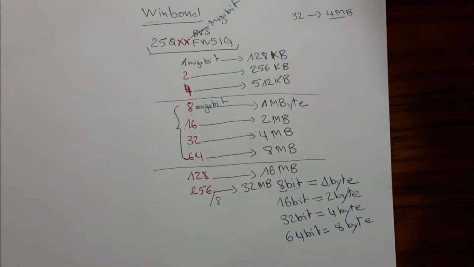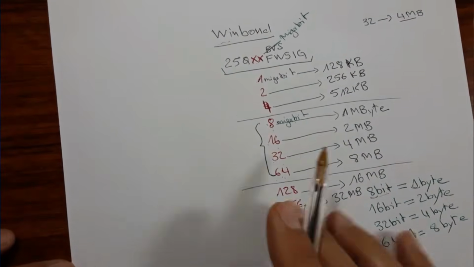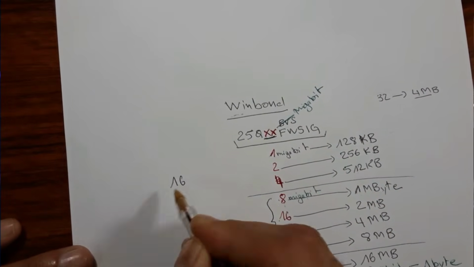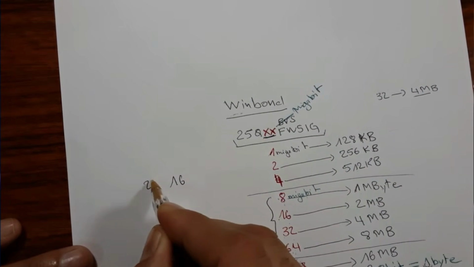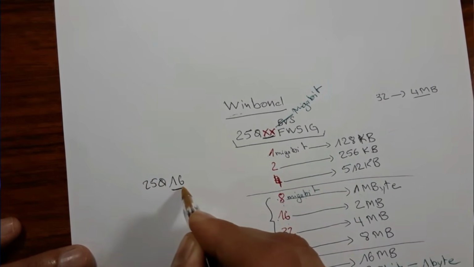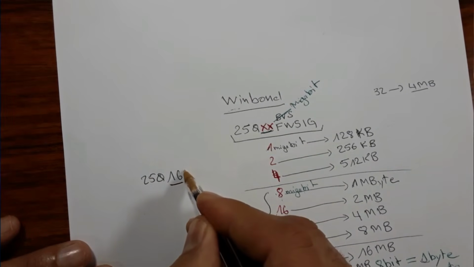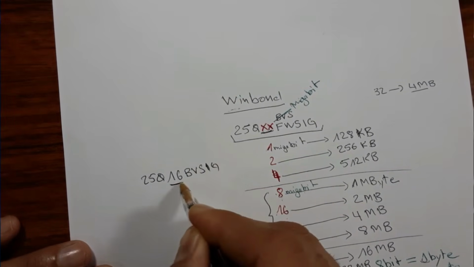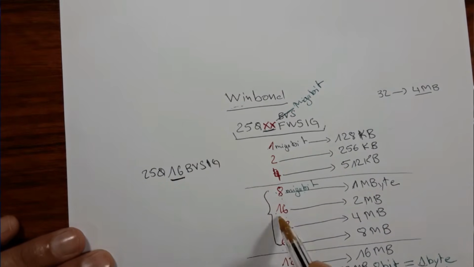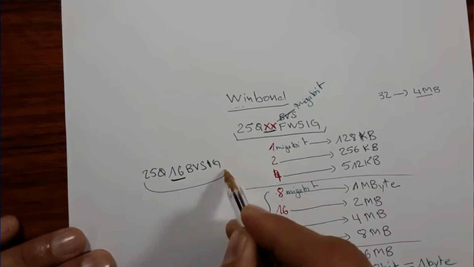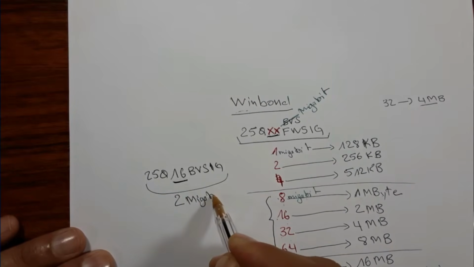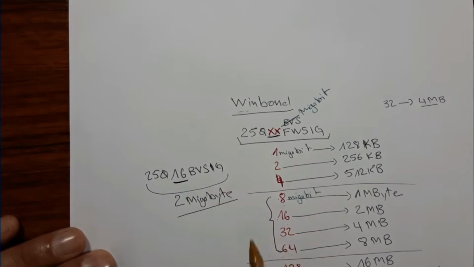For example, if you have a BIOS with 2 megabytes, let's assume we have 25Q16 BVS. This is just a reference example. 16 means 2 megabytes, so this BIOS has 2 megabytes of size.